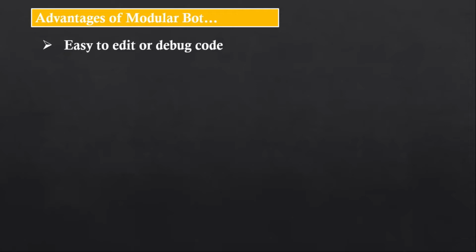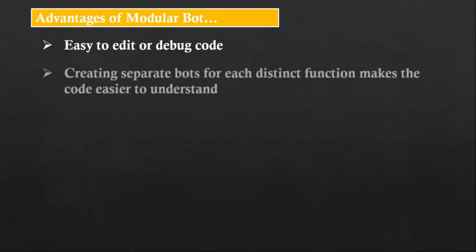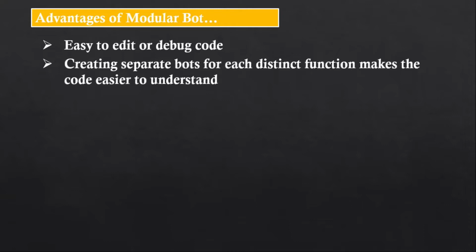If you have split your code into modular bots, then you can directly go to the particular task and make the required changes. So it will be very time saving. The second point is that creating a separate bot for each function makes the code easier to understand. As I said, if you split your task into different subtasks, it will be very easy to understand.